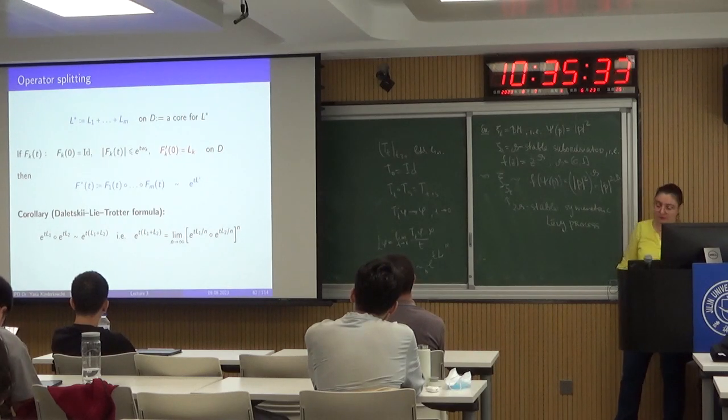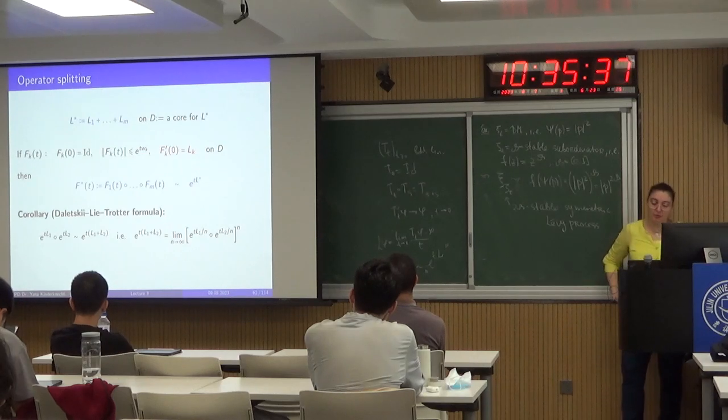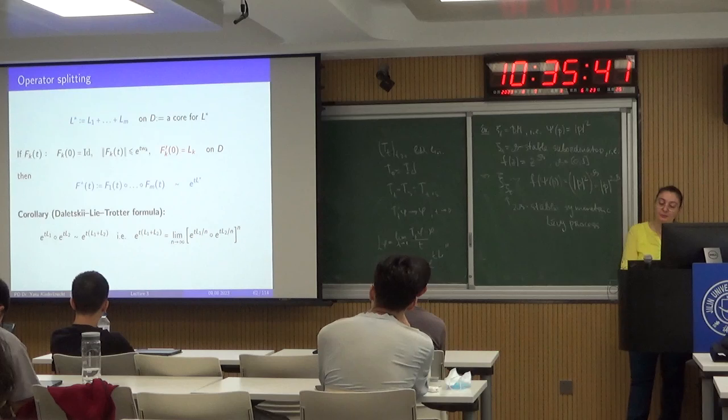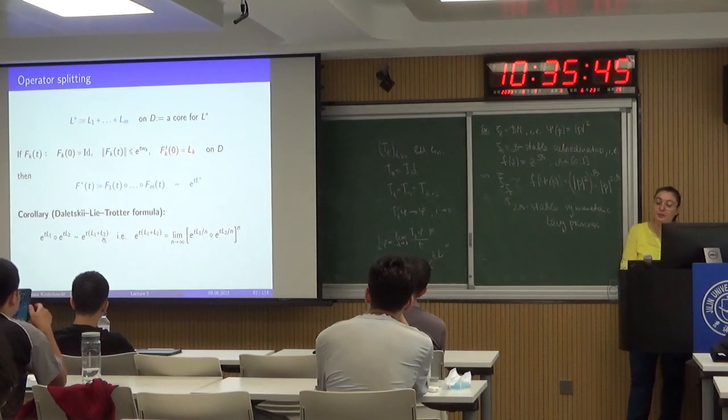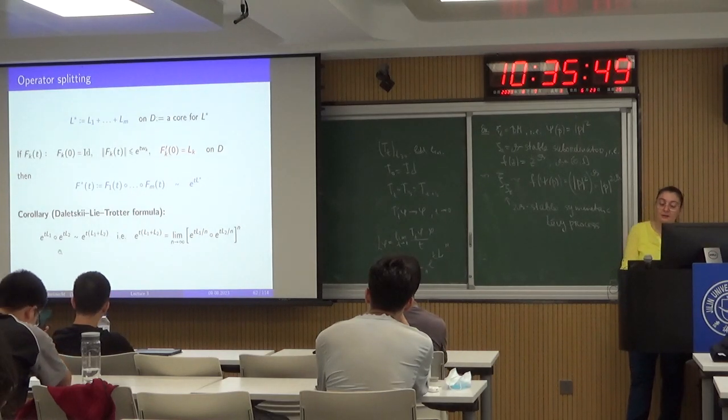Classical formula, known already for almost a century, the Lie-Trotter formula. In this case, it is assumed that L is the sum of two summands, and each summand does generate a semigroup. Then I can consider this composition. So this is my F1 and this is my F2.